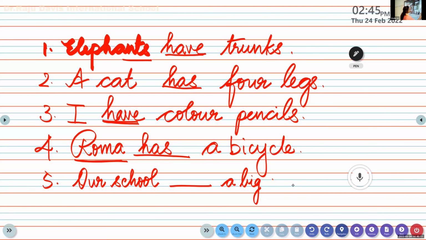Yes, when you read the sentence, read it with your learning accent. So why can't you read it in a little better way? Our school dash a big playground. Come on, read it once more. Let me hear you reading it. Our school dash a big, yes, come on, read.